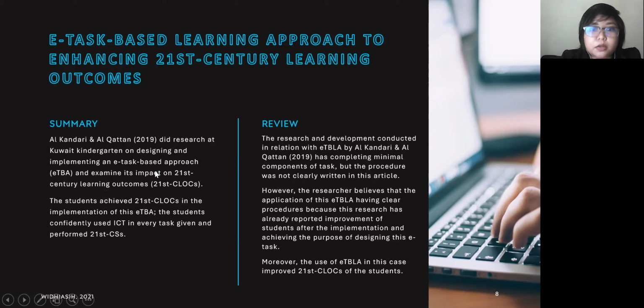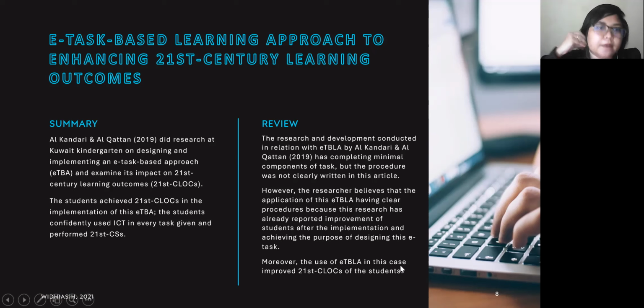Maybe the researchers here, Al-Kandari and Al-Khatan, forgot to write down the procedures about this e-task-based approach, but I think the real implementation had clear procedures, because it's reported that the implementation showed improvement and achieved 21st century learning outcomes. Moreover, the use of ETBLA in this case improved the 21st century learning outcomes of the students.